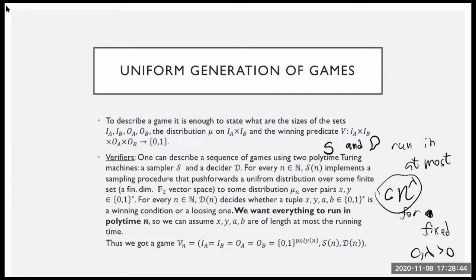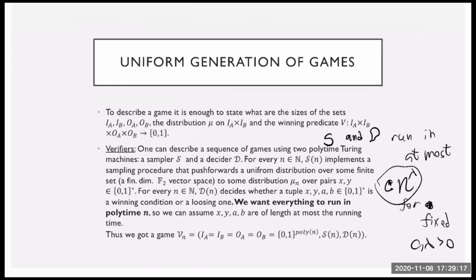If it does anything else, either it doesn't halt in the correct amount of time or it outputs any other output, we say that this is a losing condition. This is the way I interpret D. We can assume that it stops in a finite amount of time, because we can tell the Turing machine to just stop after at most C times n to the lambda steps.